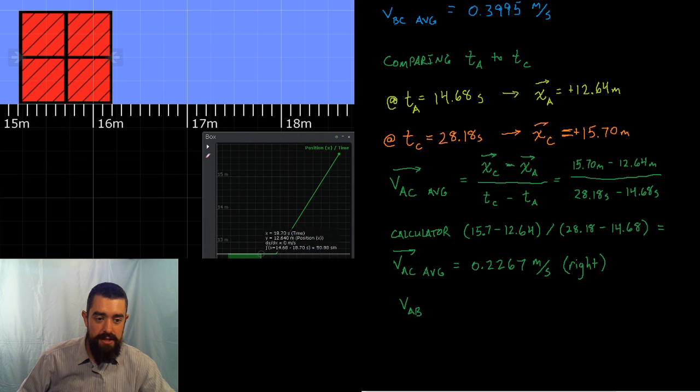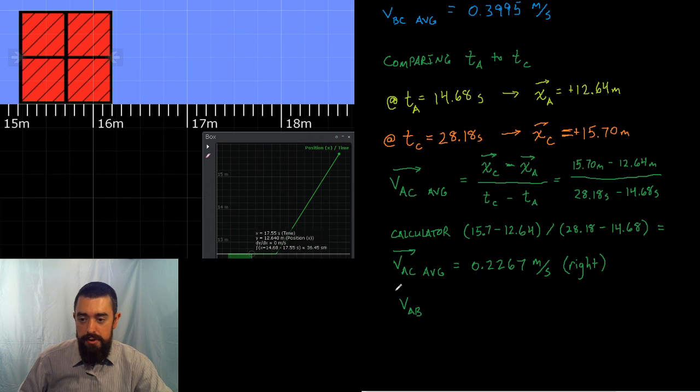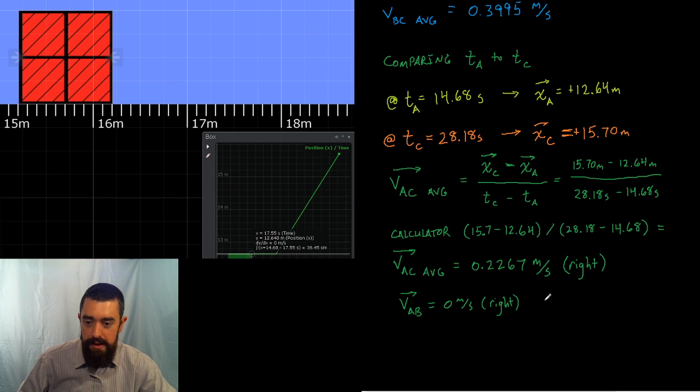The velocity was a constant. So all the instantaneous velocities from time 14.68 all the way up to 20.52, the velocity was a constant 0 meters per second. So the velocity of AB was 0 meters per second, and I don't need to put a direction. But if I could write to the right, that'd be fine.